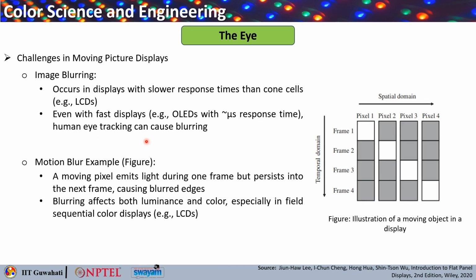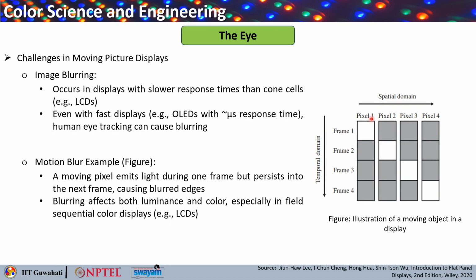So motion blurring can be understood from this particular example. Here you have 4 frames and we are talking about 4 pixels, and this is the temporal domain. That means with time you are moving from frame 1 to frame 4, and in the spatial domain you are also moving from pixel 1 to pixel 4.